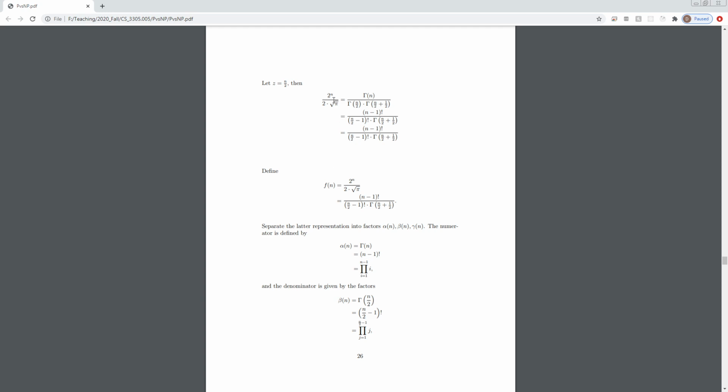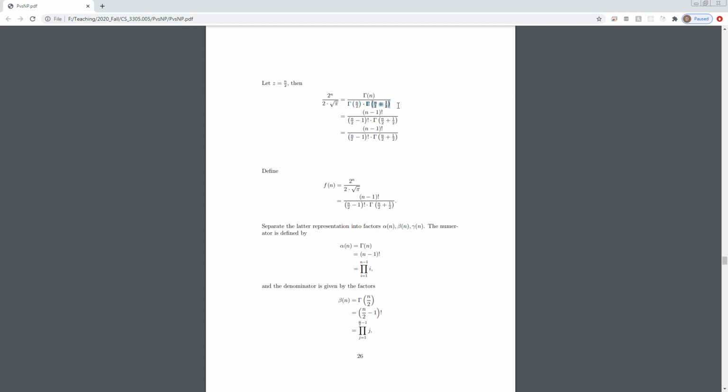Okay, so now let's redefine what we're talking about here. Let's call this thing on the left f of n, and so it's a function that grows exponentially with respect to n. And then that's exactly equal to this representation on the right. So we're going to break it up into alpha, beta, and gamma, all functions with respect to n. And so this n minus 1 factorial is going to be our alpha.